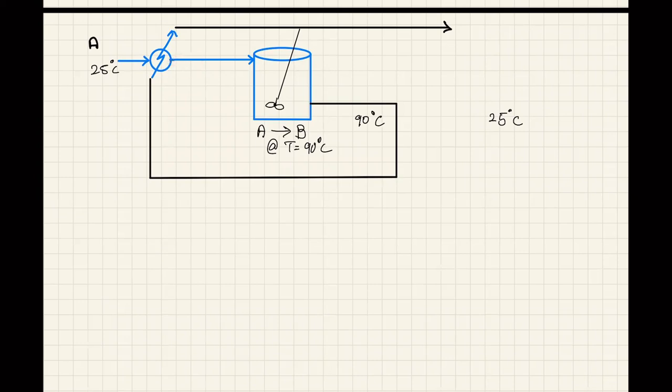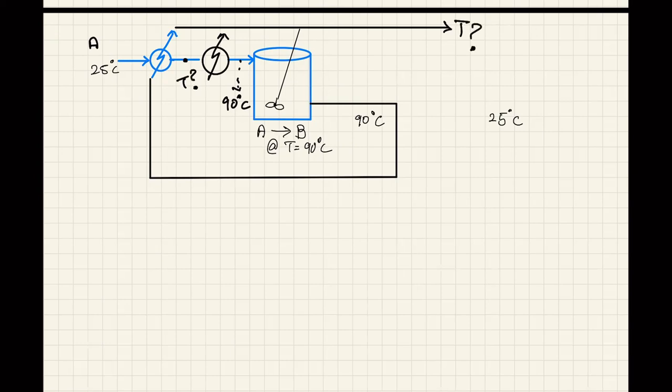So as a modification to this design, just for the sake of completing the process flow sheet, we'll have another heater over here, the second heater, that will ensure that the product is finally heated to 90 degrees Celsius over here. But now you need to find out what is the temperature over here and what is the temperature that we are getting here.